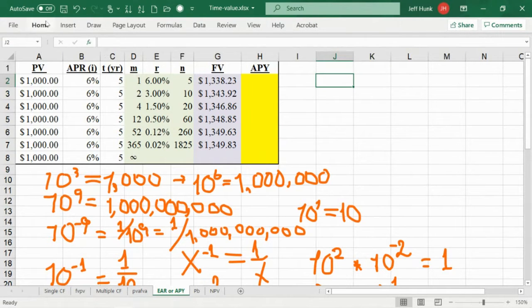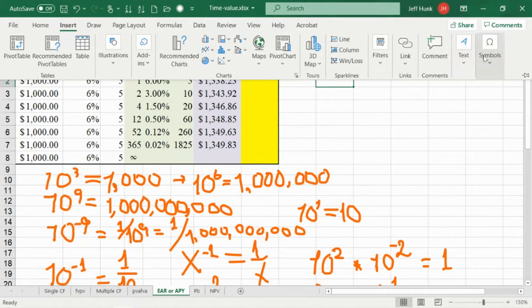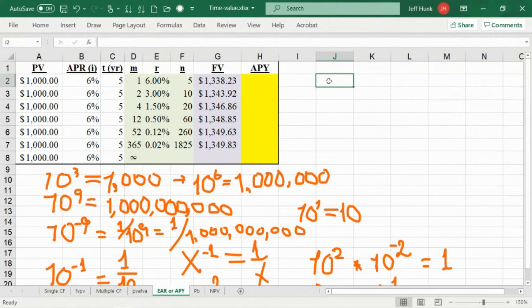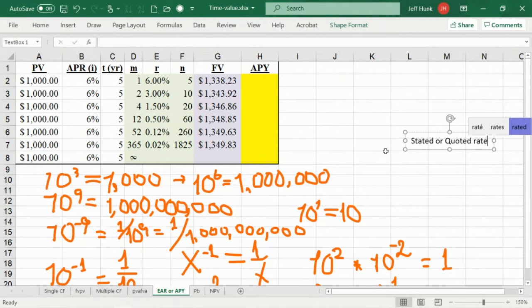it's quoted or stated by the bank, right?